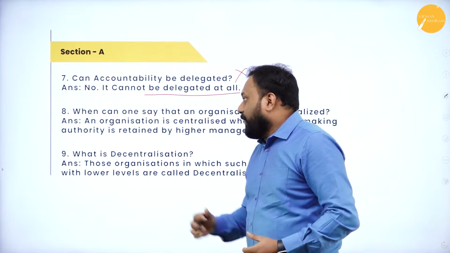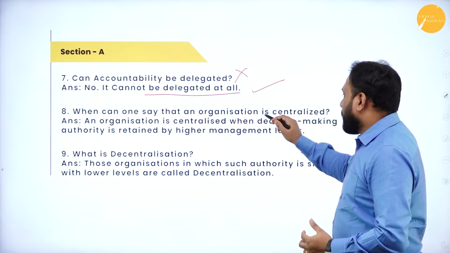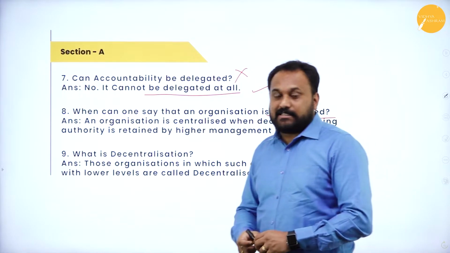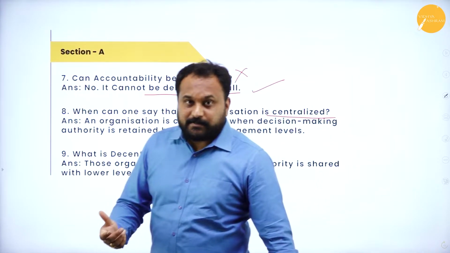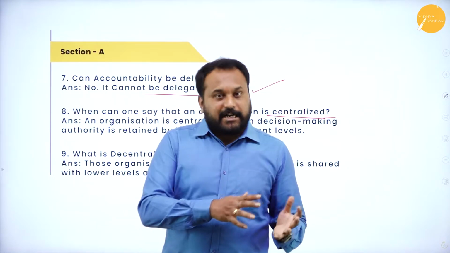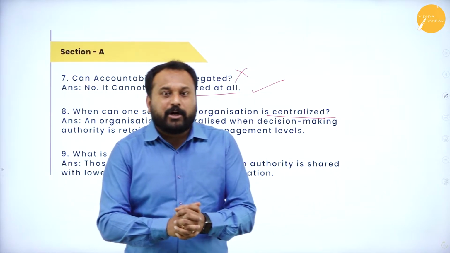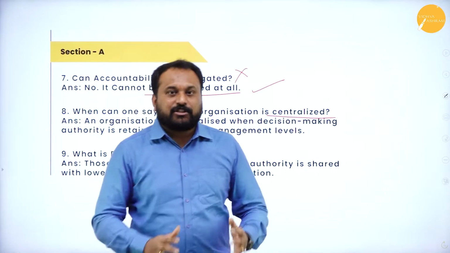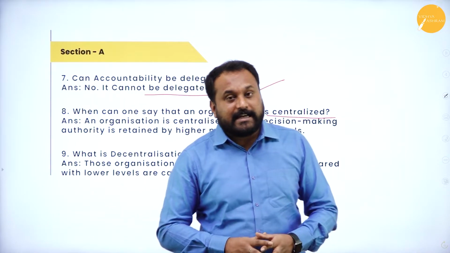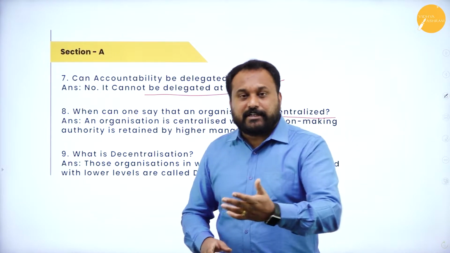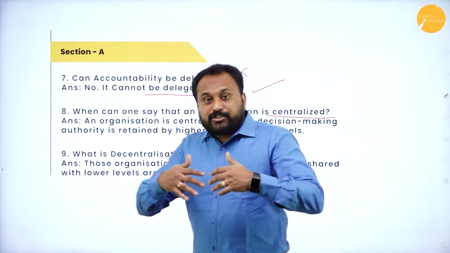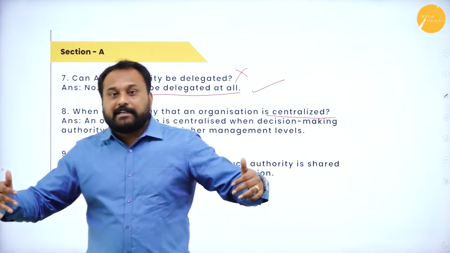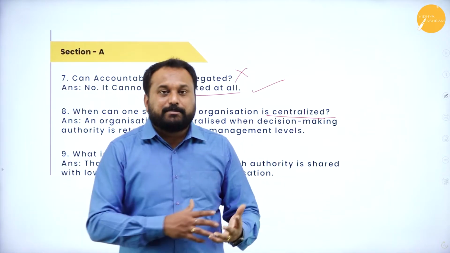Next is, when can one say that an organization is centralized? So I told you about delegation. Now it's all about centralization. Centralization means what? One person commanding the entire organization or the system is called centralization. The opposite of it is decentralization, where distribution of accountability as well as authority and responsibility happens.